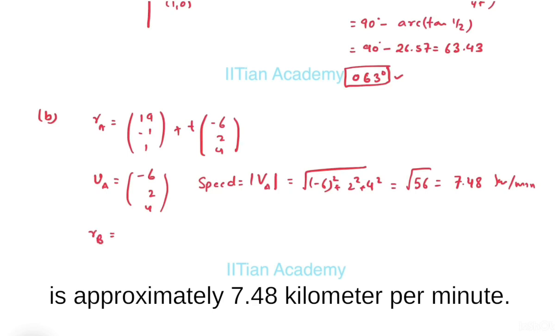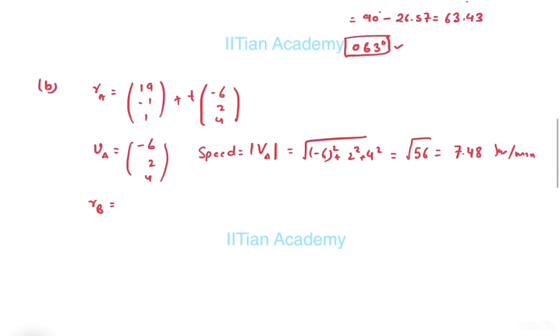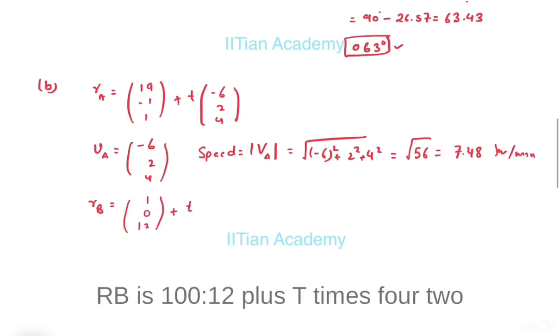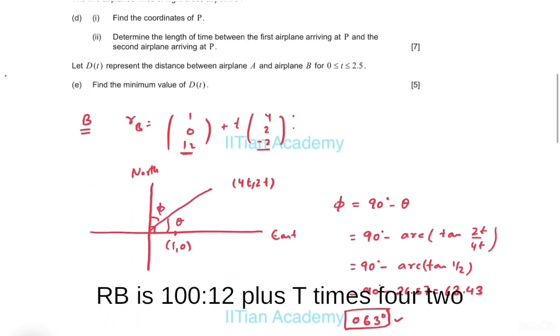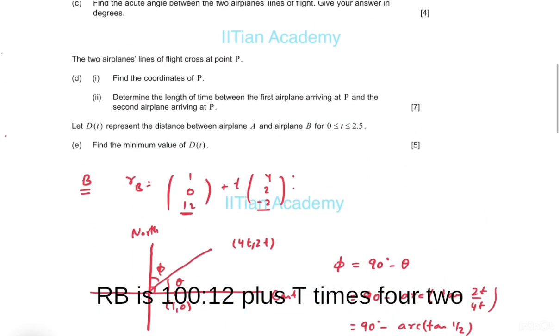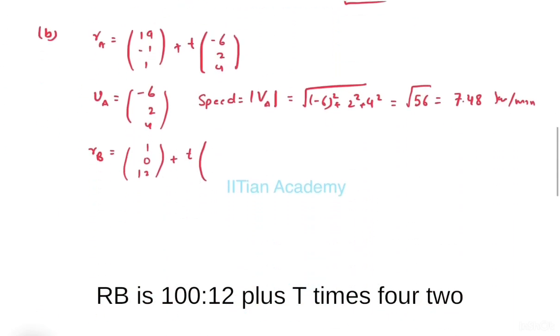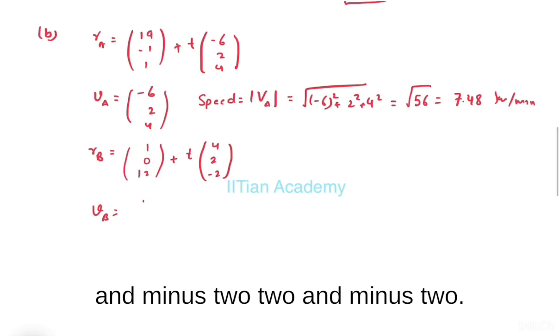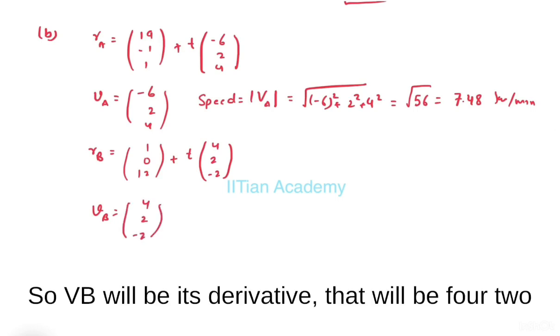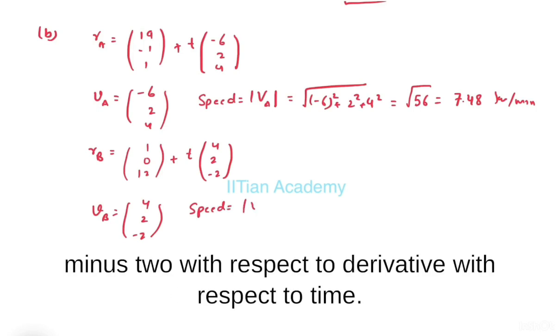kilometers per minute. Now, what is RB? RB is (1, 0, 12) plus t times (4, 2, -2). So VB will be its derivative with respect to time, that will be (4, 2, -2).